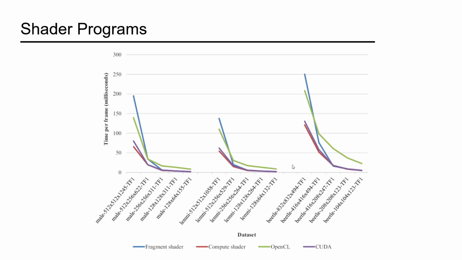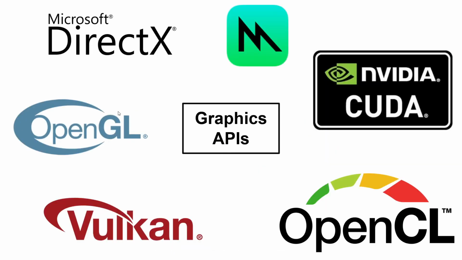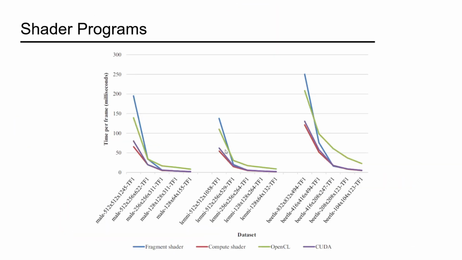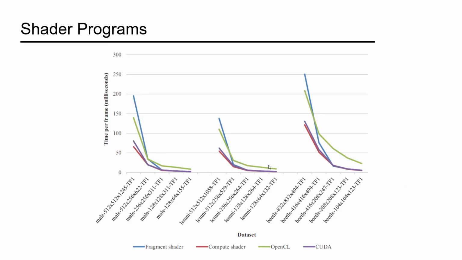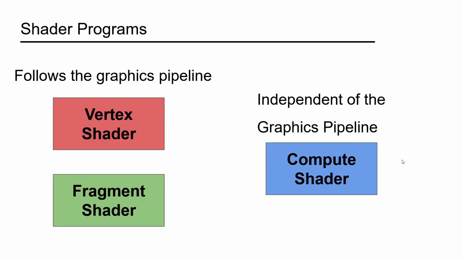One of the reasons for this is that OpenGL, which was the graphics API used in the simulation, is much more mature and a bit more optimized for the GPU than OpenCL or CUDA, which aren't specific to the GPU.